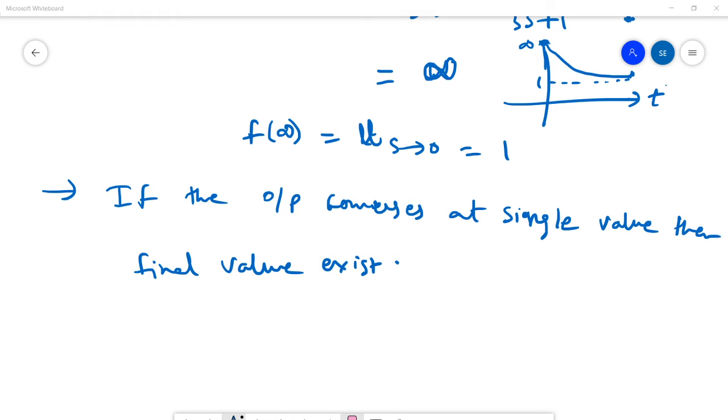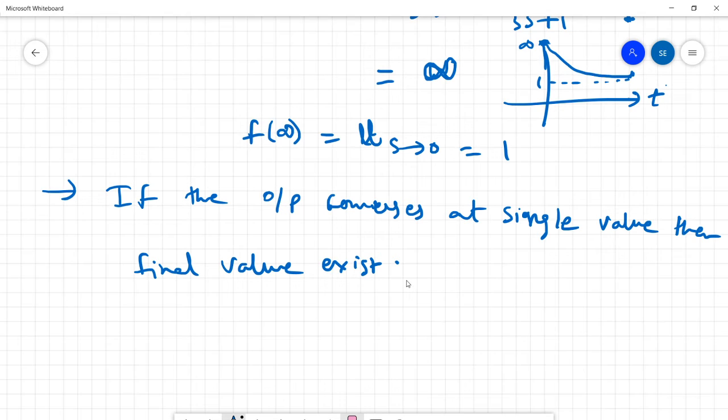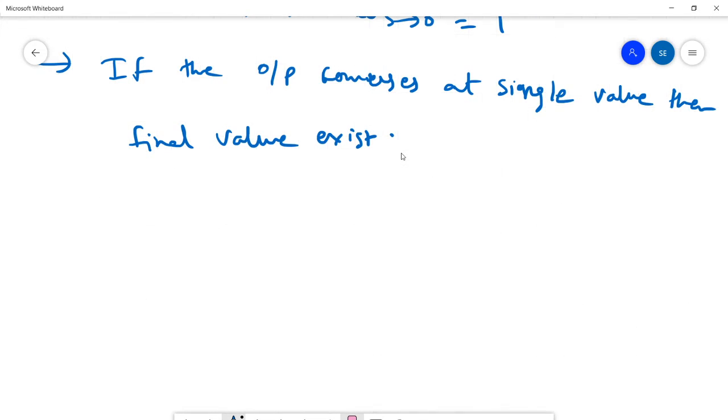This is how we determine initial and final value. What we check here for final value: if you get this kind of response, the final value is 0, so there is a single value here. It starts somewhere, some a, but at the end it reaches 0.